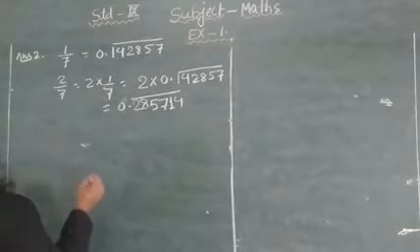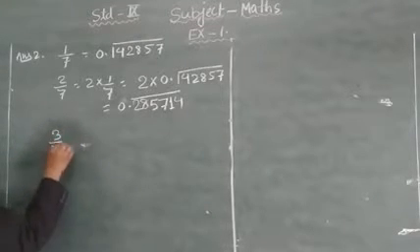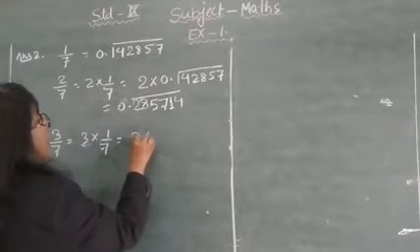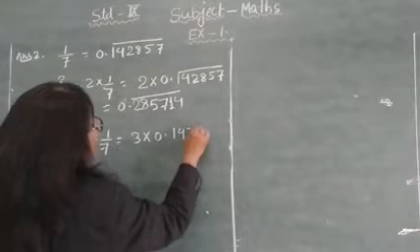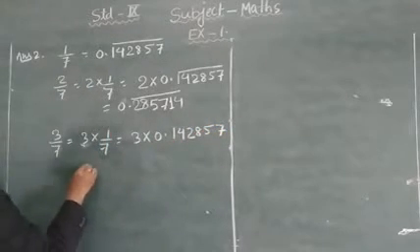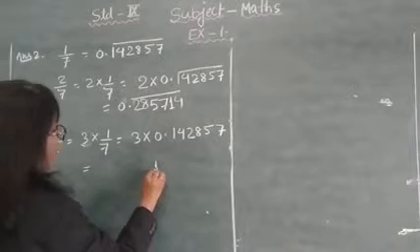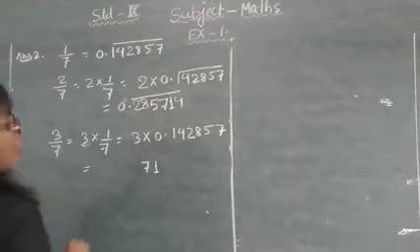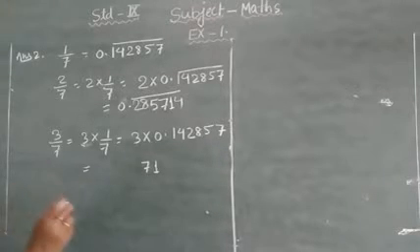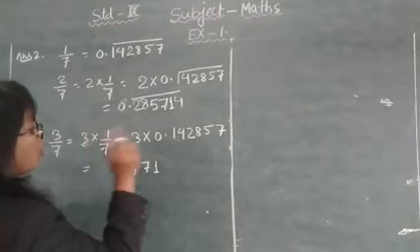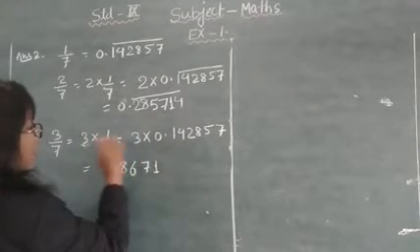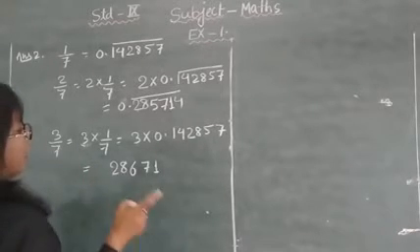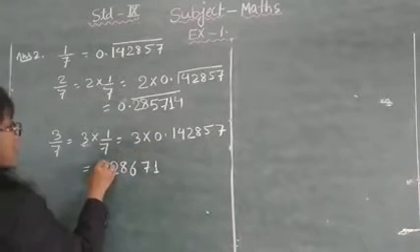So I am solving only one more here, that is 3/7. Again the same thing, 3 multiplied by 1/7 is equal to 3 multiplied by 0.142857. That is 3 7s are 21, 1, 2 carry, 3 5s are 15 plus 2, 17, 2 carry, 3 8s are 24, 24 plus 2, 26, 2 carry, 3 2s are 6 plus 2, 8, 3 4s are 12, 1 carry, 3 1s are 3 plus 1, 4.